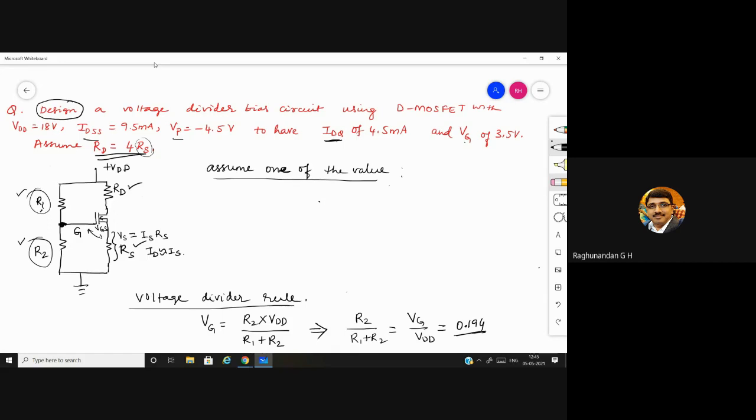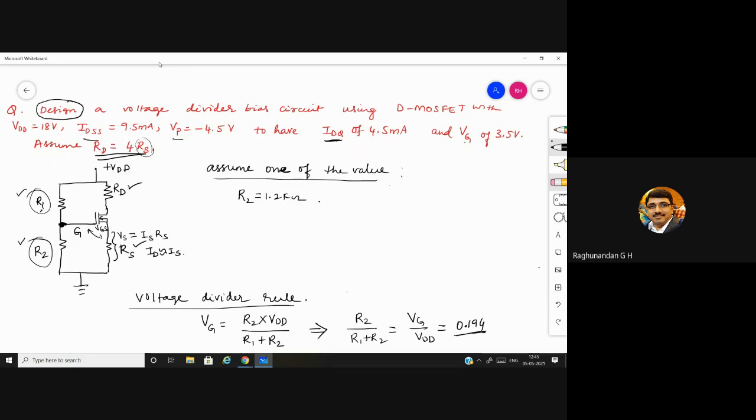So here in this case, we will be assuming R2 only. Why we are assuming R2 only is because on R2 only one voltage is dependent. See, if you assume it also, that value will be fixed, right? If you assume it as 1.2 kilo ohm, this value is fixed.